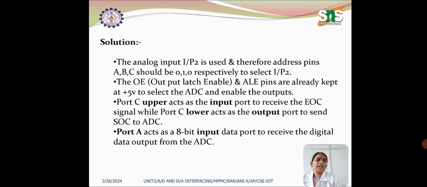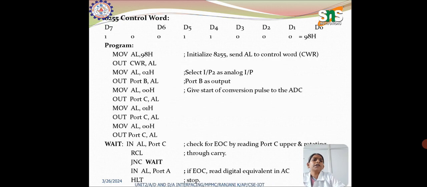The output enable and the ALE pins are kept at 5 volts, which enables the output. Port C upper acts as an input port to receive the EOC signal, whereas port C lower acts as an output port to send SOC to the ADC. Port A acts as an 8-bit input data port to receive the digital output from the ADC.